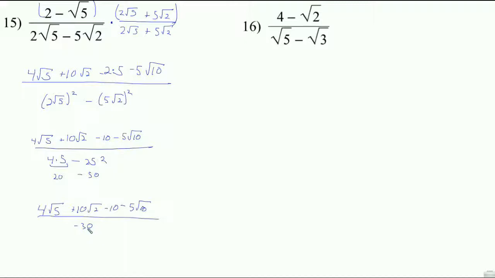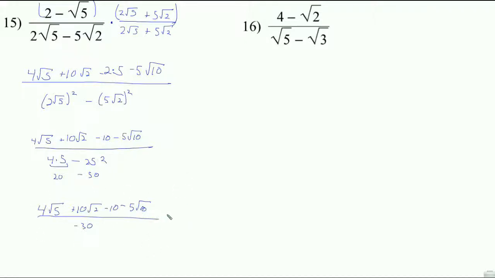We want to see if it reduces. The thing that reduces with 4 and 30 would be 2, which does reduce with 10 and 10, but 2 doesn't go into 5, so we can't simplify this anymore. So there's our answer.